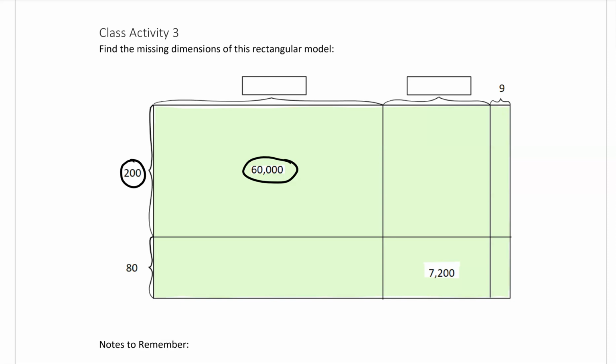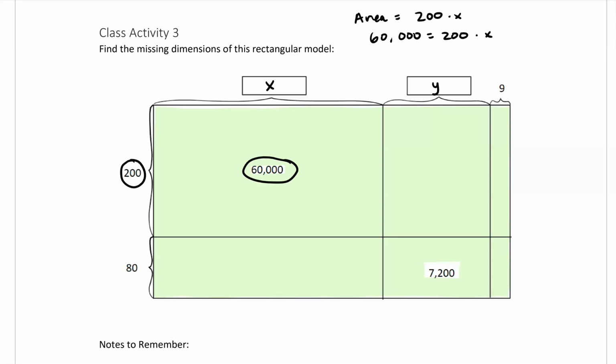And I'm just going to call this X, and I'll call that Y. And we know based off the area formula that the area is equal to 200 times x, but we know what the area is. We know that the area is 60,000. So we have the statement that 200 times some number gives us 60,000.